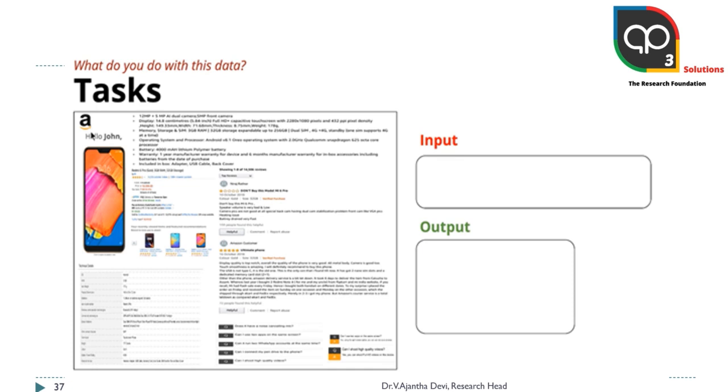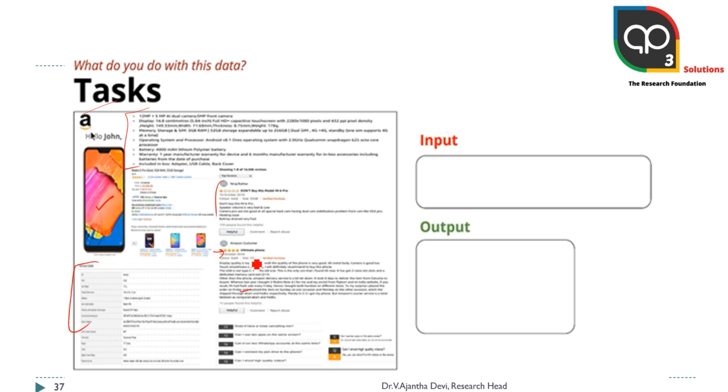For example, this is a product page on Amazon. Let's look at all the data that you have. You have image data. You have structured data here. Of course, there are also unstructured descriptions, and these are reviews and comments, which are unstructured information in the form of reviews.